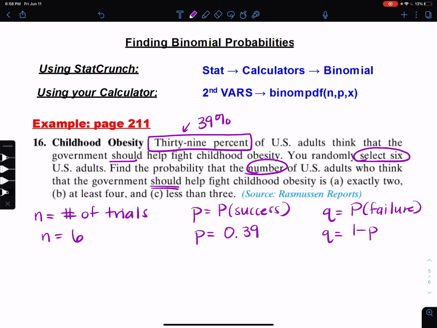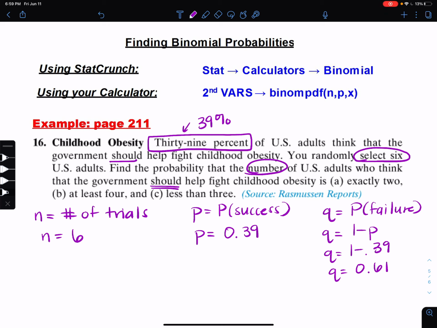You either have a success or you have a failure. So if P, the probability of success, is 0.39, then Q, I'm just going to subtract that from 1. Basically that tells me if 39% of people think the government should do this, then 61% of people think the government should not do this.